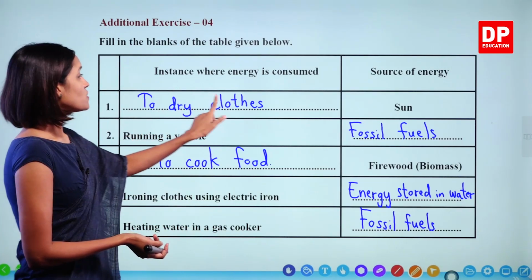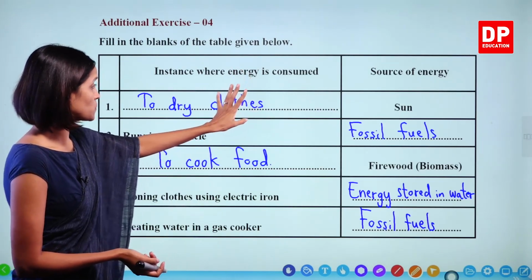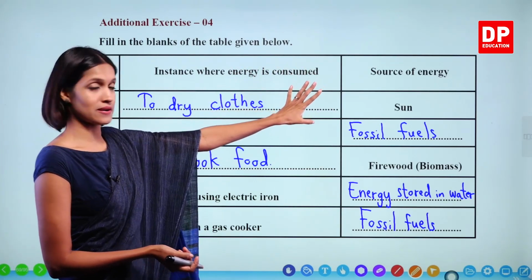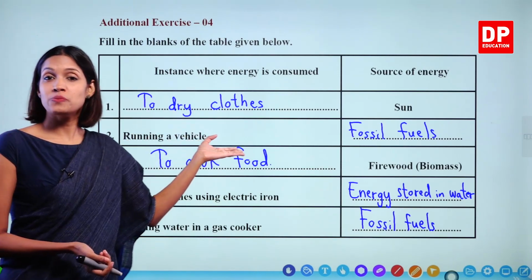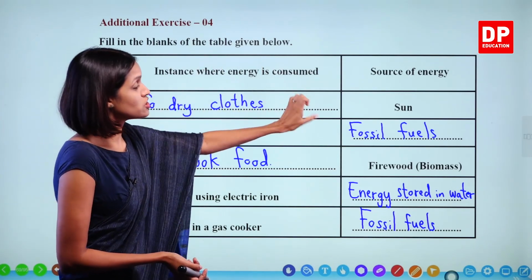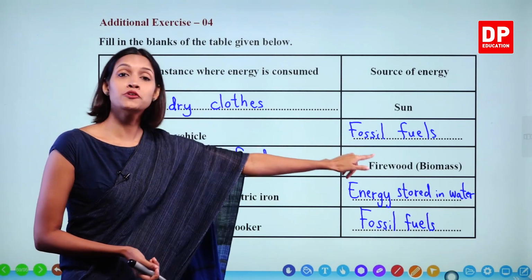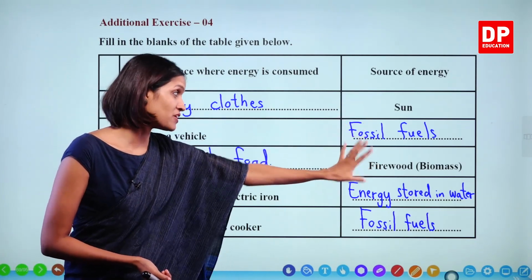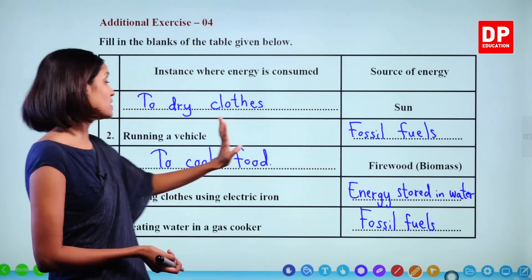So to dry clothes, the source of energy we need is solar energy. It's given by the sun, right? Running a vehicle, we use petrol and diesel basically. So the source of energy is fossil fuels. To cook food, firewood or biomass. Firewood is one example for biomass, right?